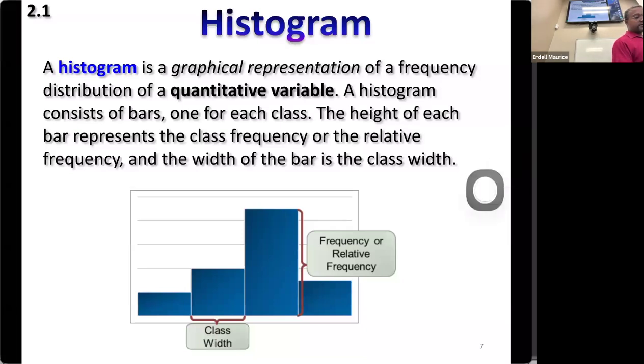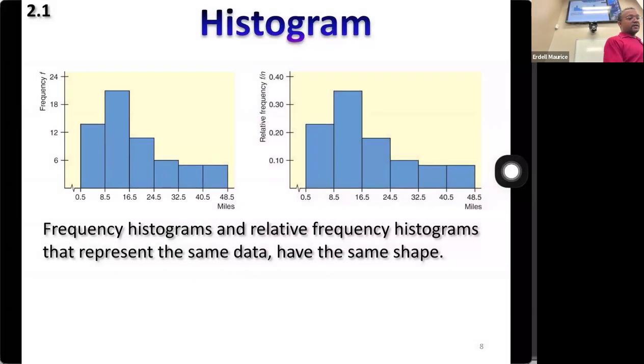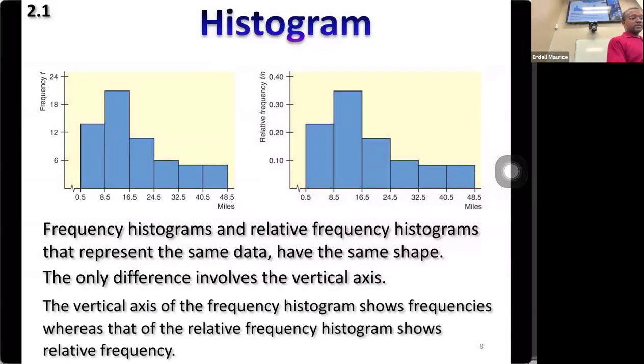Histograms touch each other. See how the numbers are right next to each other? Bar graphs don't touch each other. That's a small difference between the two. And so here you have it. Just like I showed you a little bit earlier, the two graphs look exactly the same. The only thing that has changed is the y-axis values. This is a count.